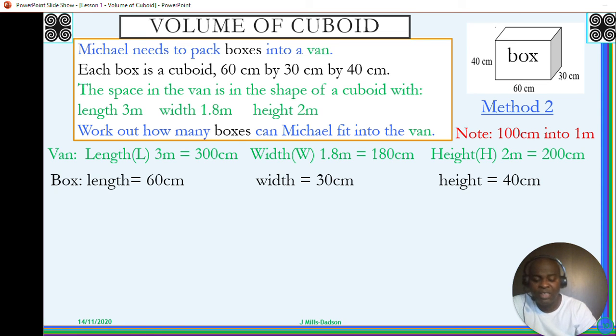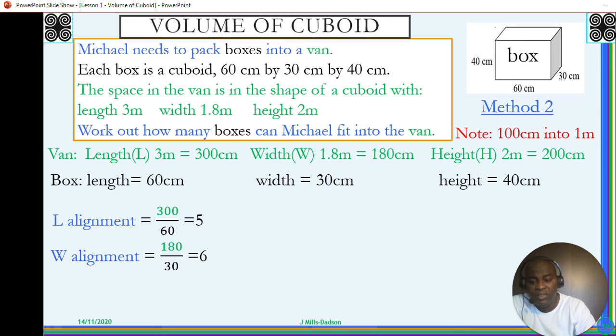That is when you pack the boxes, how many boxes will align with the edge of the length, the width, and the height. I do that by dividing the length of the van by the length of the box, the width of the van with the width of the box, and so on. So the alignment on the length will be 5, the width will be 6, and the height will be 5.